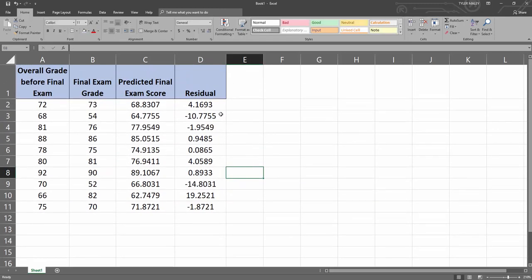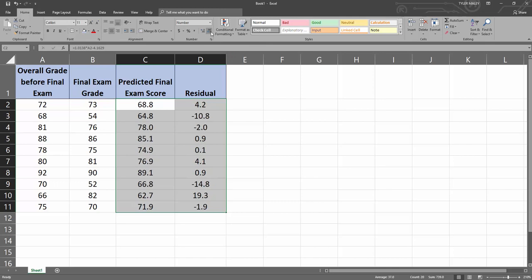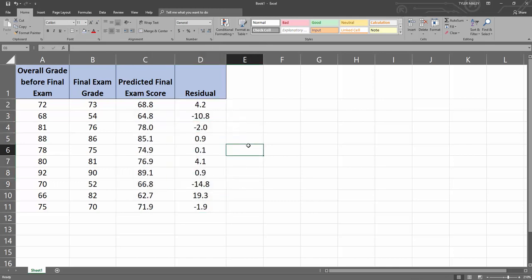If you wanted, we could round these to maybe just one decimal spot. I'm going to highlight these, and there's a button up here to decrease your decimals. That just makes it a little easier and cleaner to talk about.